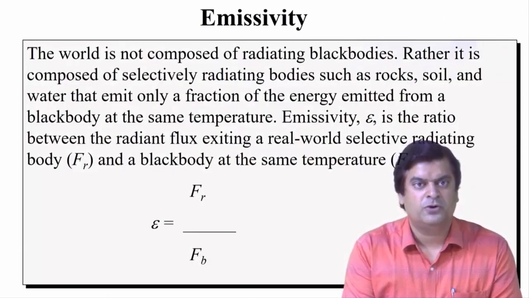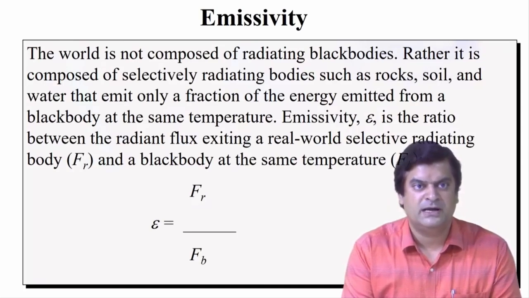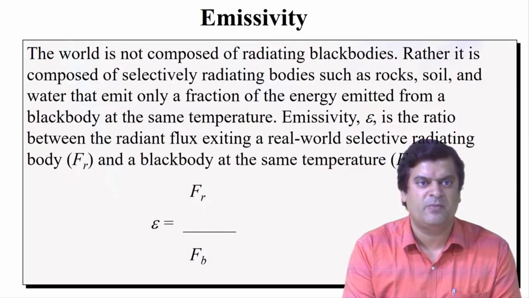Now we are going to talk about emissivity. The world is not composed of radiating black bodies, but rather of selectively radiating bodies such as rocks, soil, and water that emit only a fraction of the energy emitted from a black body at the same temperature.